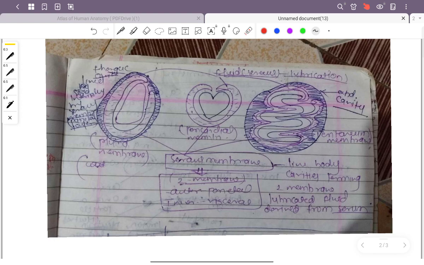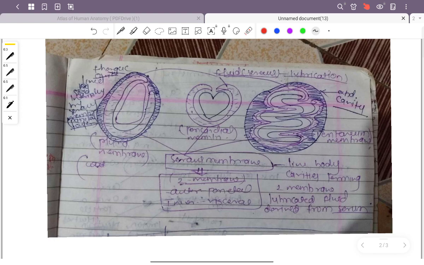These three cavities come under the ventral cavity. This lecture is related to that lecture, because in this we're going to study the cavity and how it is covered by some membrane.